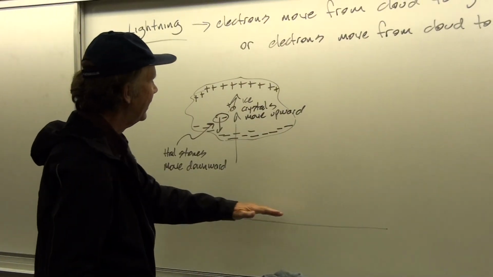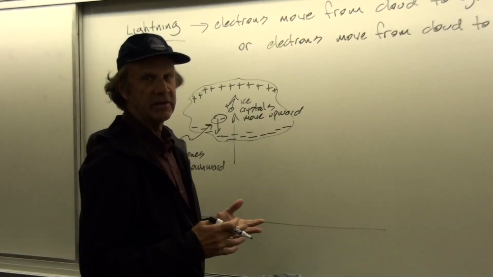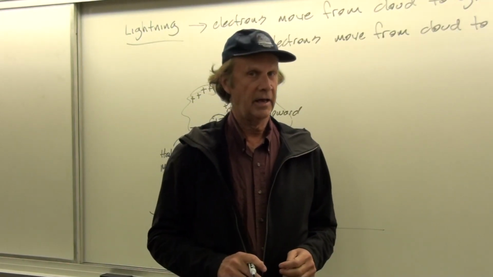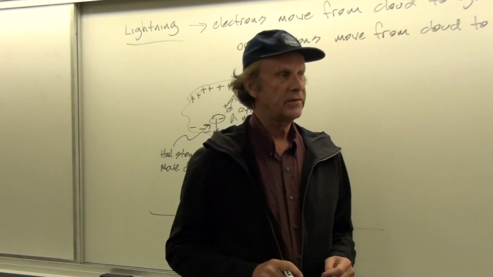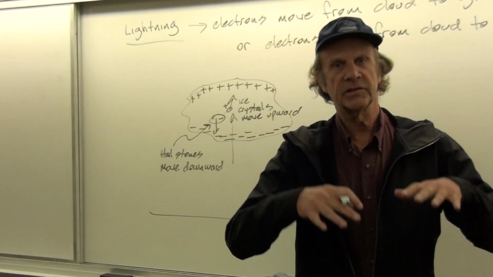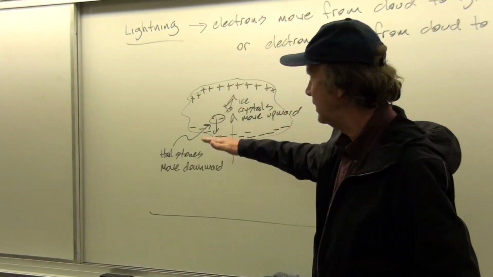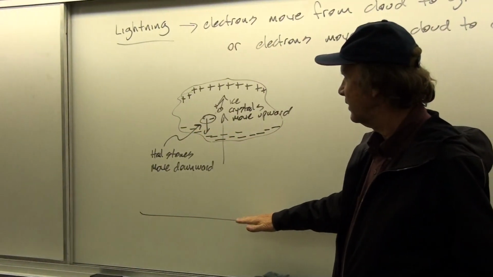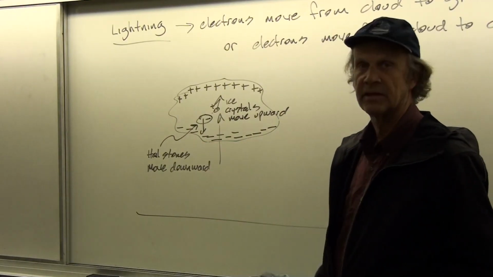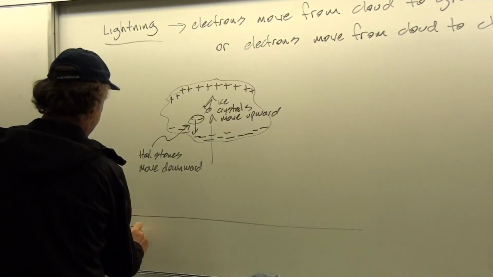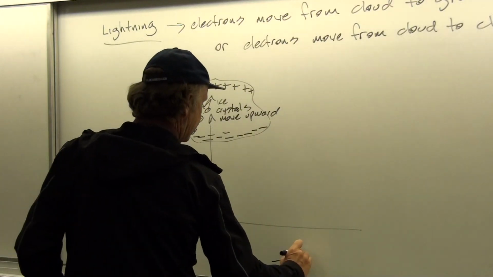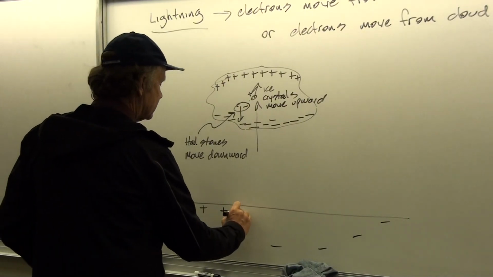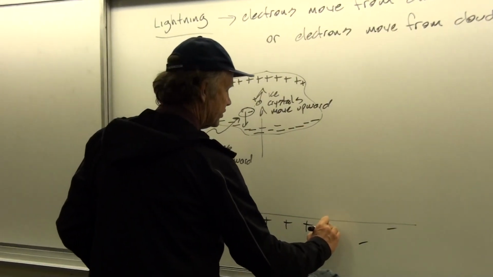And interestingly enough, previous lightning strikes have given the surface of the Earth a net negative charge. And so this is overwhelmed in the vicinity of a negatively charged cloud by the repulsive force of the negative electrons for the negative electrons in the cloud. So this pushes the negative electrons in the ground away from the cloud and leaves the surface with a net positive charge.